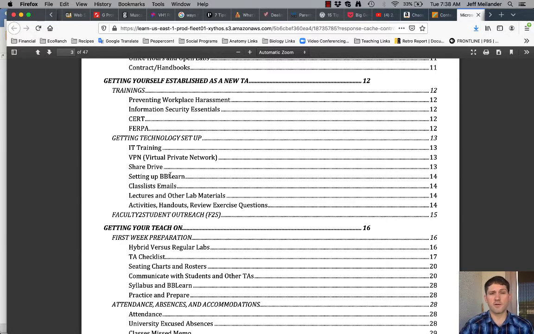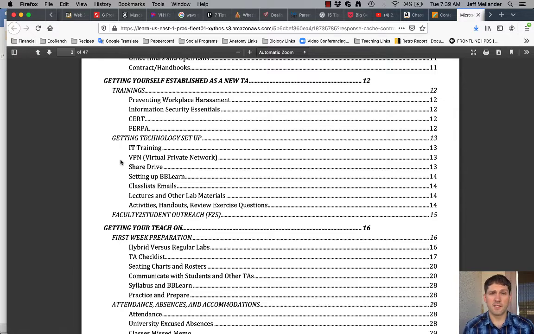The share drive is where we keep all of our files accessible for you so that you don't have to store those on your computer or a thumb drive or anything like that. What's happened in the last couple of years is I've been shifting a lot of what you need onto your BB Learn shells so that everything is right there and instantaneous. Working back and forth between the share drive is a little bit challenging.